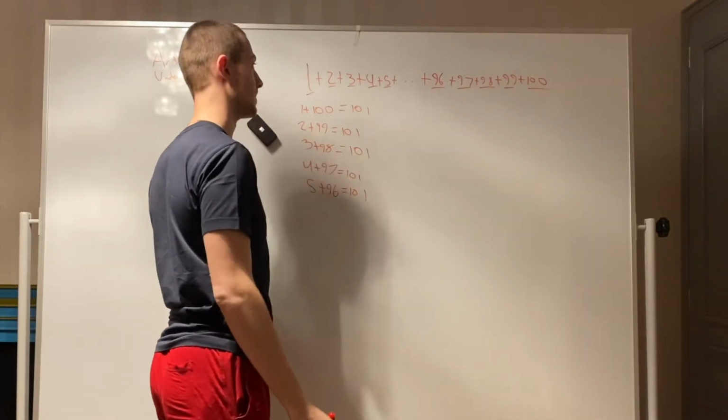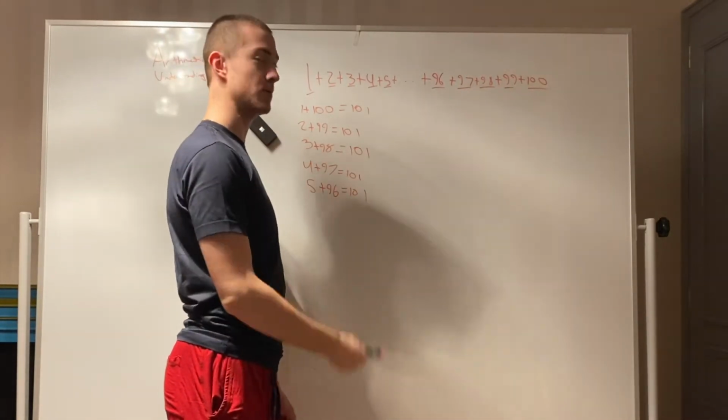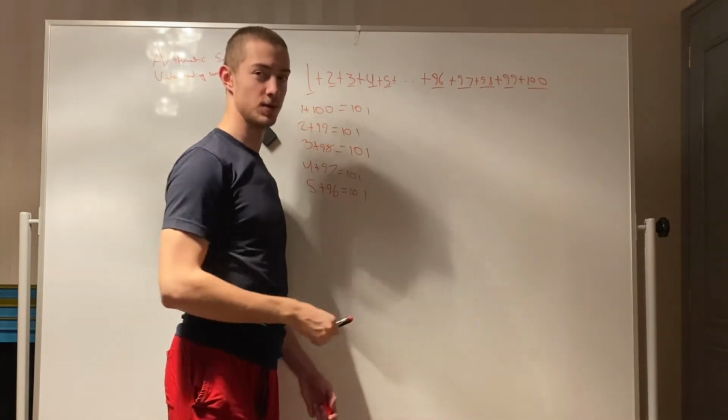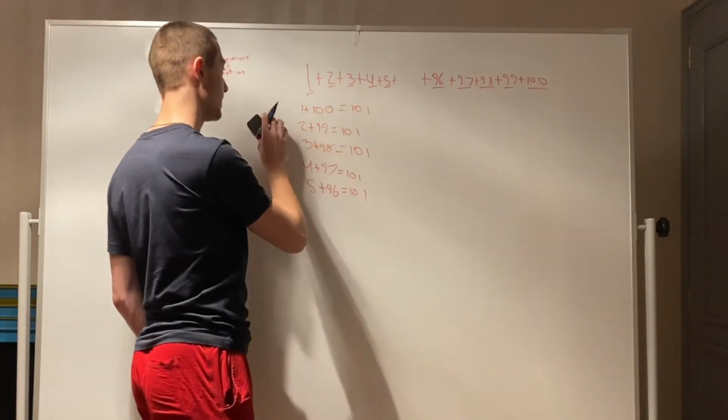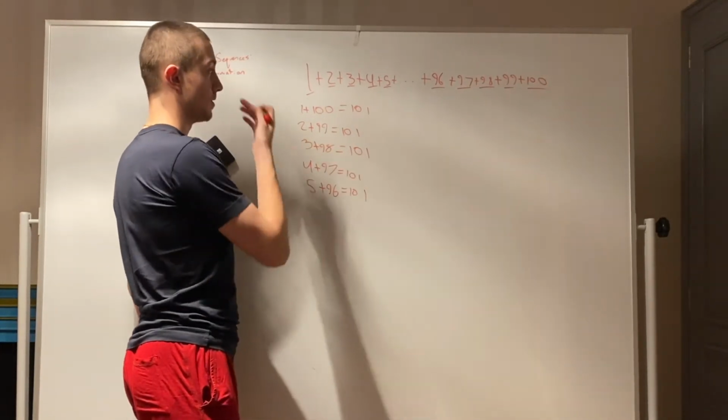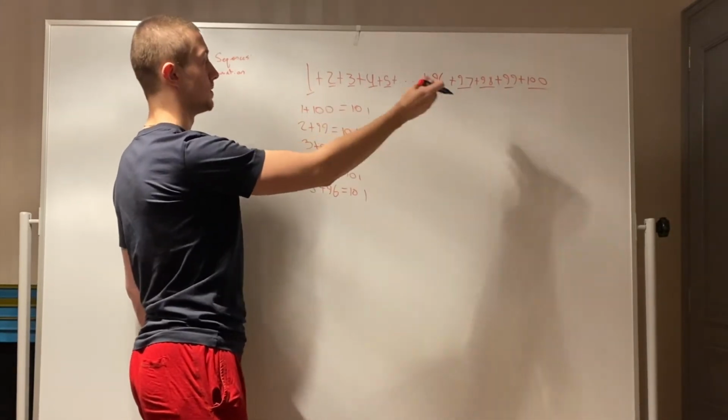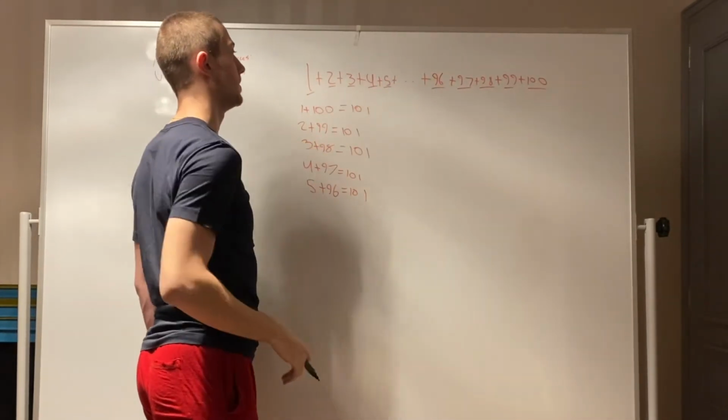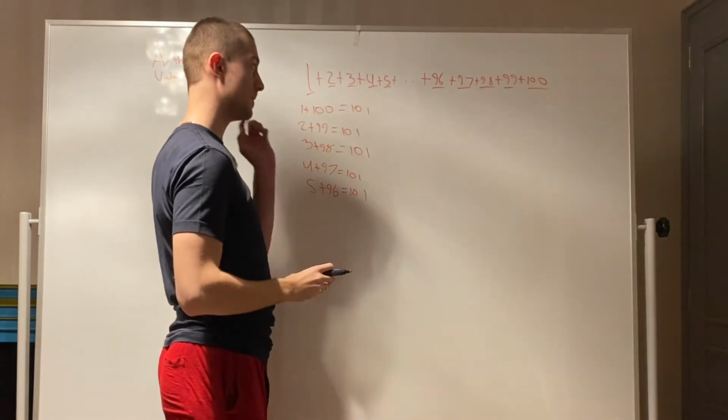If you don't believe me, you can try all the terms, and you'll see that the sum is always the same. So what do we see? When we take these pairs of integers from the end of the series and the beginning of the series, we always get the same sum.